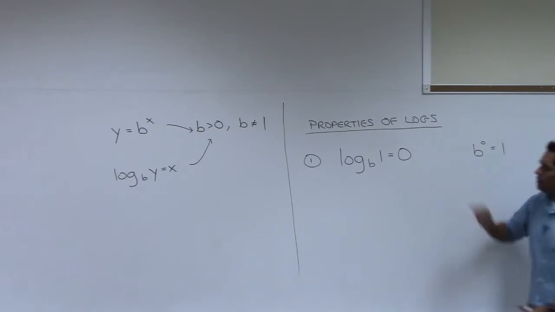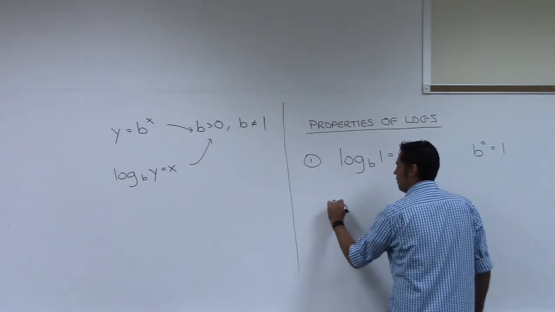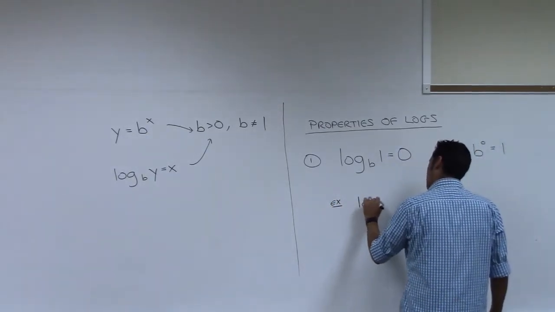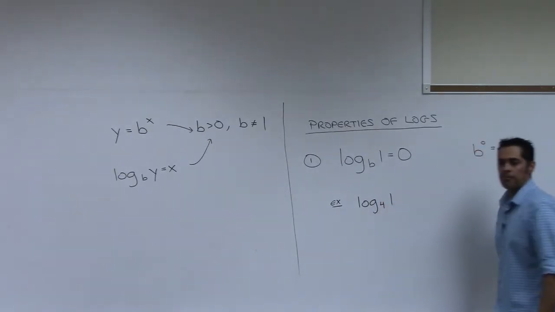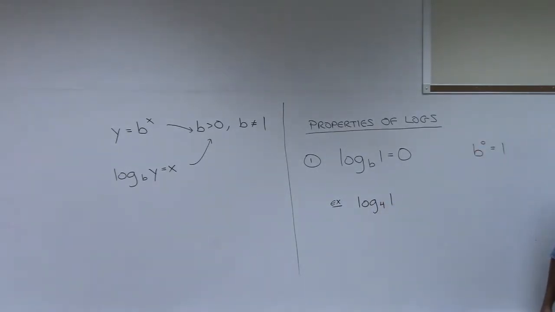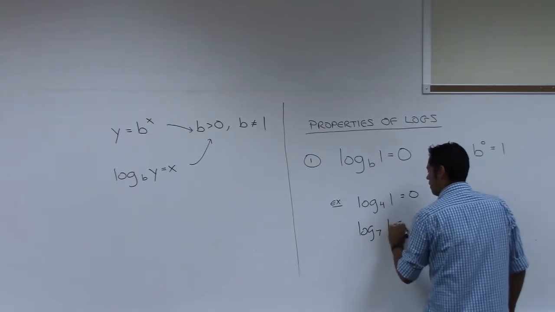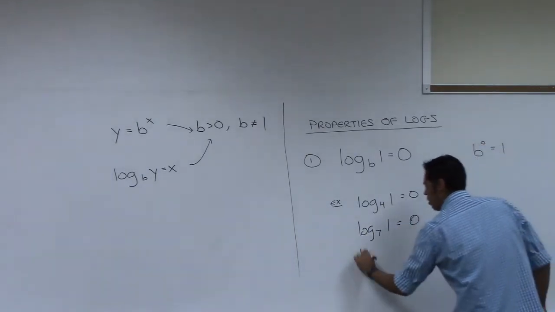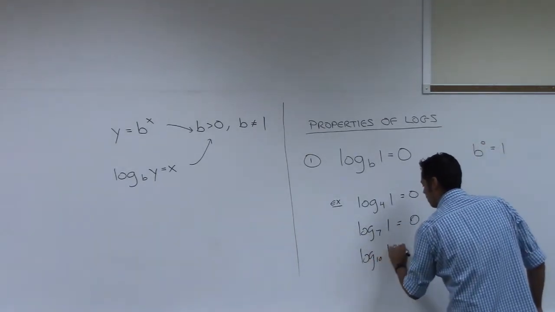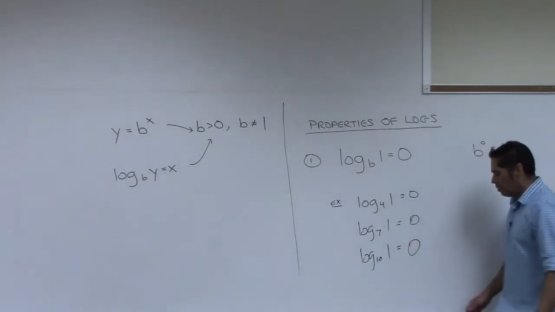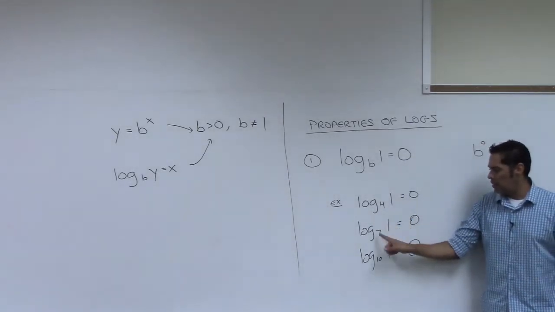So let me give you a couple of examples of this property. What's log base 4 of 1? 0. What's log base 7 of 1? 0. What's log base 10 of 1? 0. In other words, if you have any log, it doesn't matter what the base is.